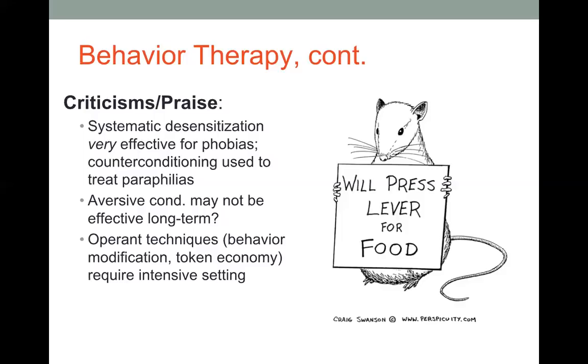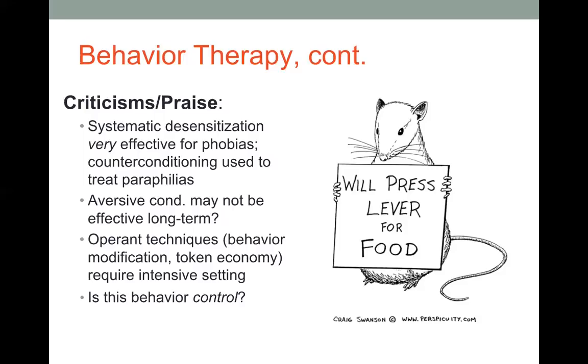And in token economies, you have to be around the patients all day. So those almost can only take place in institutional settings, like inpatient settings or in schools. An outpatient psychotherapist is not going to be able to follow around a client and reward them every time they have a positive social interaction with somebody else. So it just may not be possible in some circumstances.